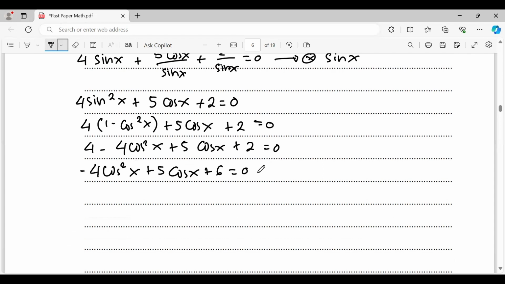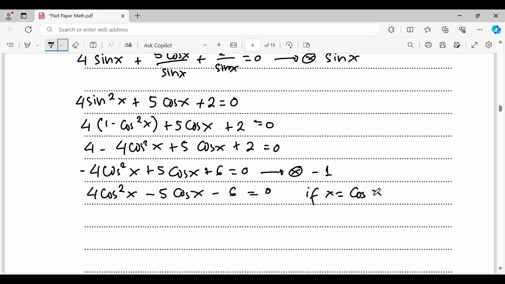And then multiplied by minus 1, so it's going to be 4 cosine squared x minus 5 cosine x minus 6 equals 0. Right, and this, if x equals cosine x, becomes 4x squared minus 5x minus 6 equals 0.